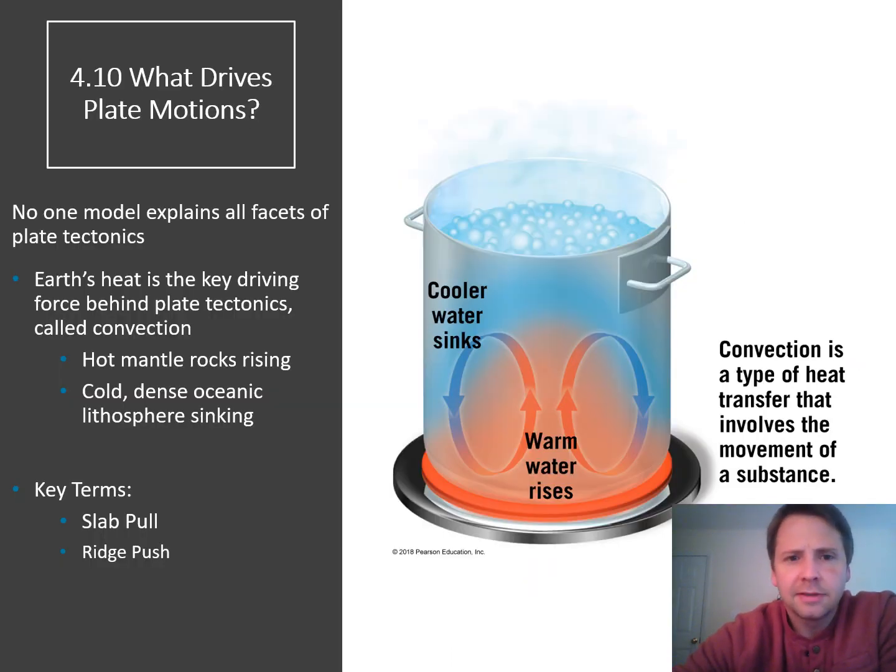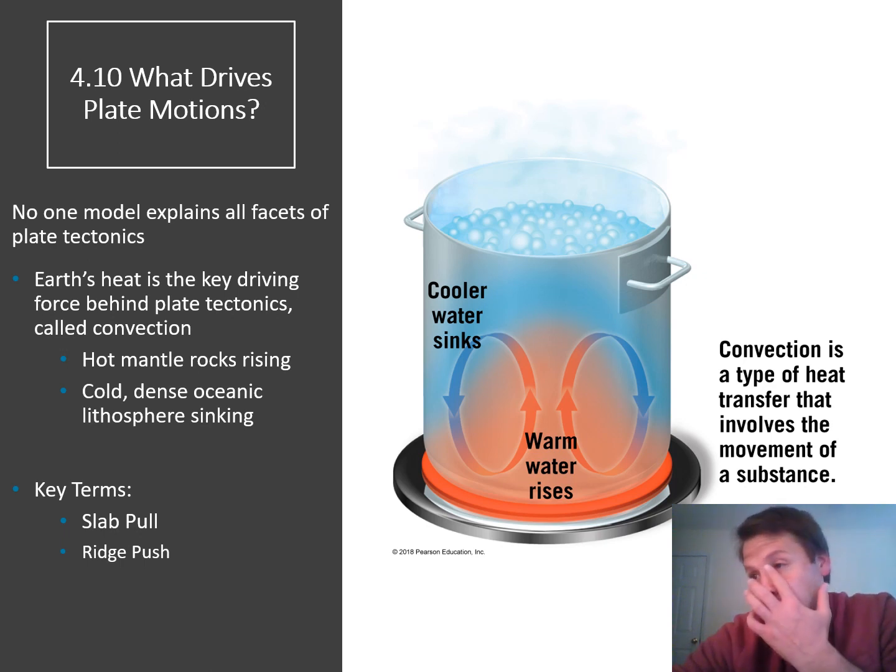All right, last, what drives plate motions? And this brings us back to our friend convection. We talked about this at length when we were in our atmospheric section. This doesn't go away. Convection is the mechanism that early continental drift theorists lacked when they were trying to describe their theory. Until you could actually have that mechanism, there was going to be a shortcoming.